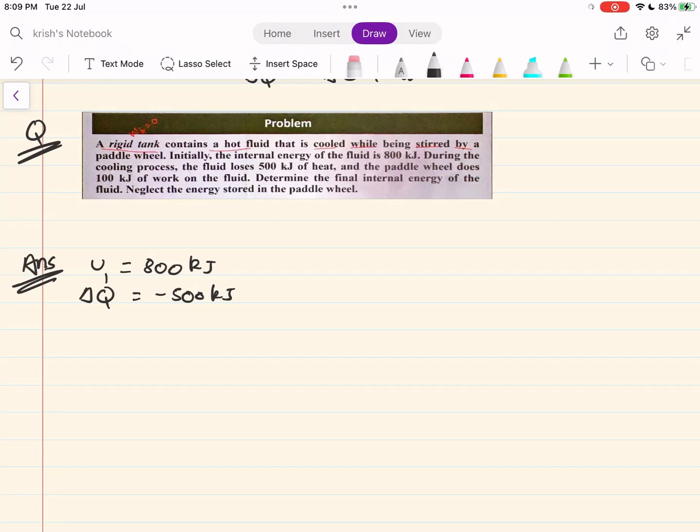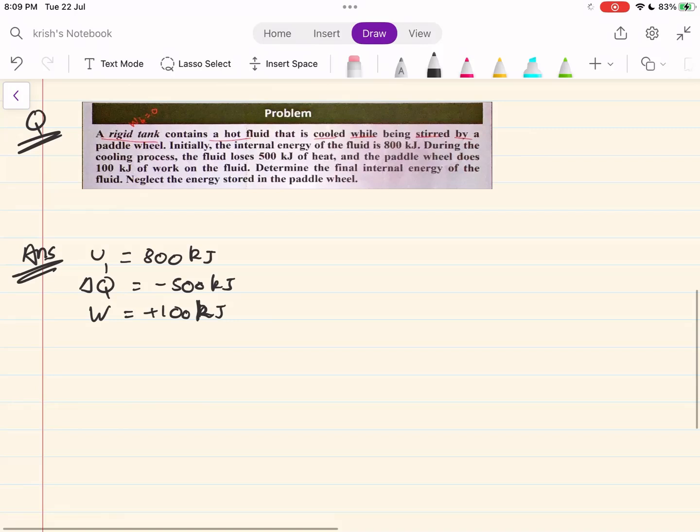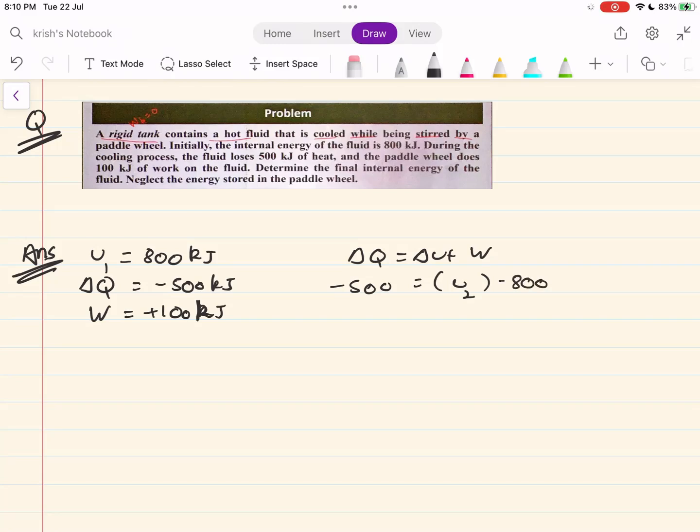So since heat sign is with respect to the system, it will be minus 500 kilojoule. If the fluid loses 500 kilojoule of heat and the paddle wheel does 100 kilojoule of work on the fluid, determine the final internal energy of the fluid. Again, simple application. So, minus 700, U2 equals 200 kilojoule.